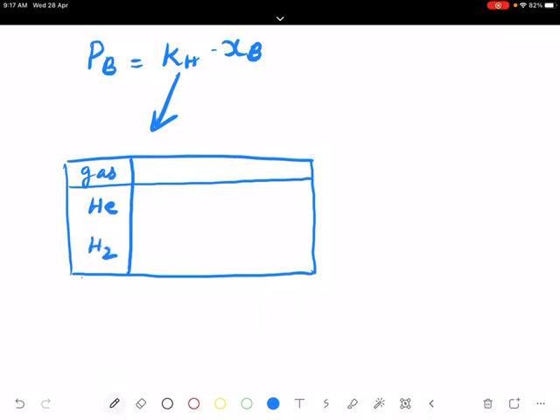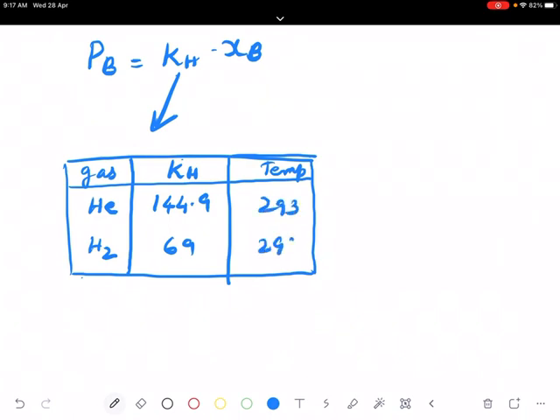I am giving the KH value at a particular temperature. The KH value for helium is 144.9, and for hydrogen it is 69, at a particular temperature of 293 Kelvin, temperature in Kelvin.